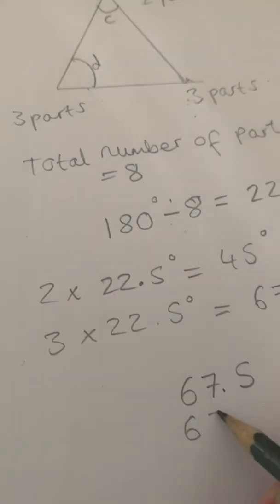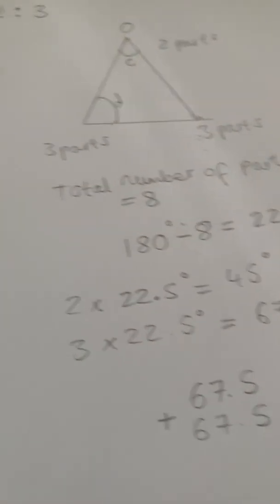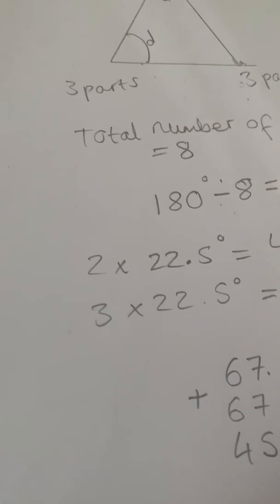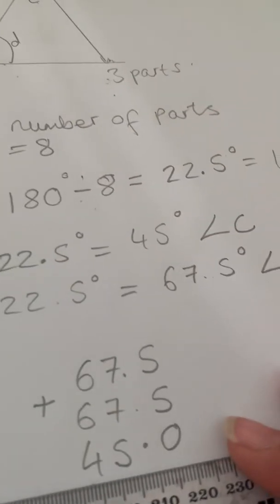So 67.5 plus 67.5, and we're also going to add on our 45. Make sure you line up correctly. You can just use 0 the hero as a placeholder there.